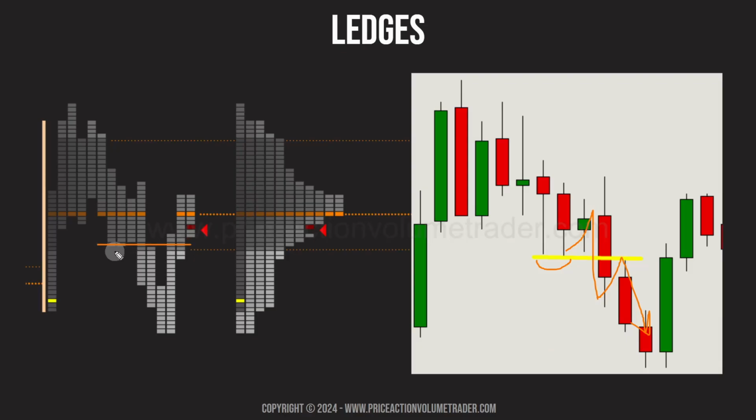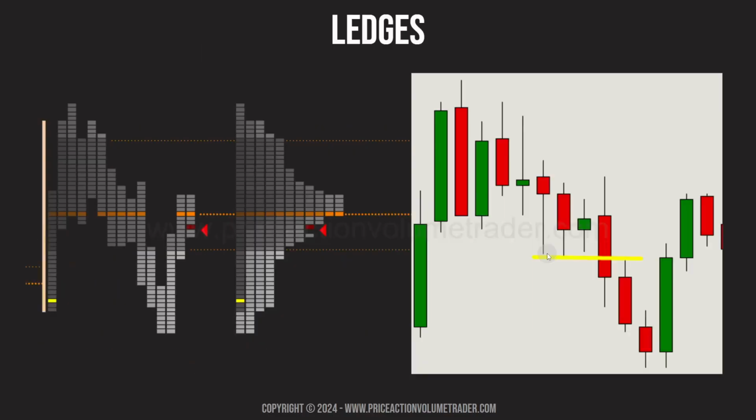Right over here, we had the ledge here of support. It is broken. Then this period closes. And then we push right into this ledge to continue down. Now you can see we did end up reversing afterwards. But again, if you're day trading, this could have given you an opportunity for a nice quick trade.